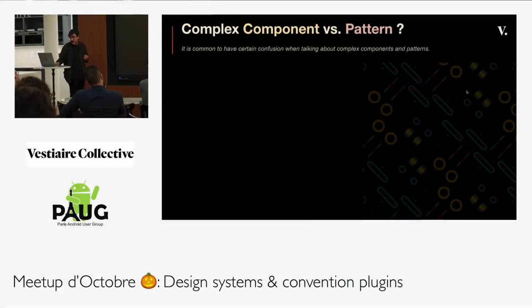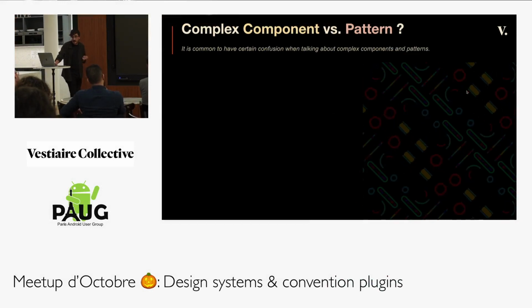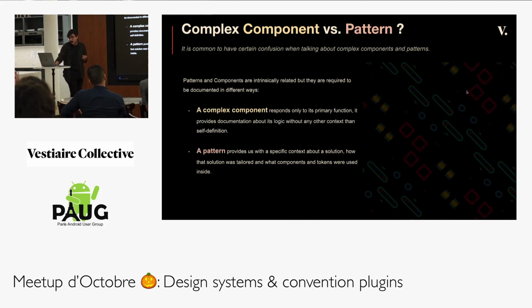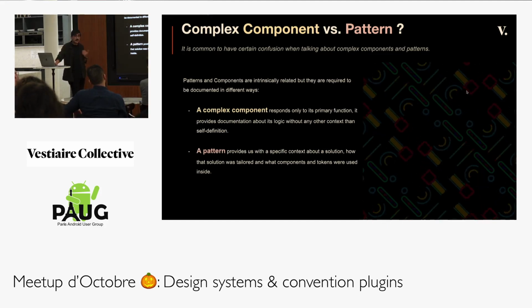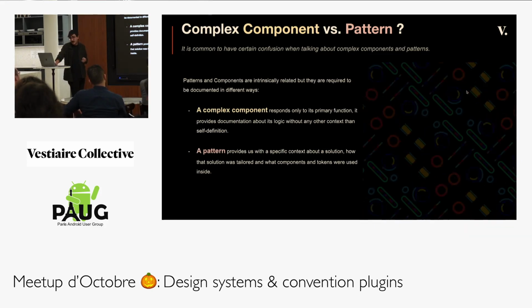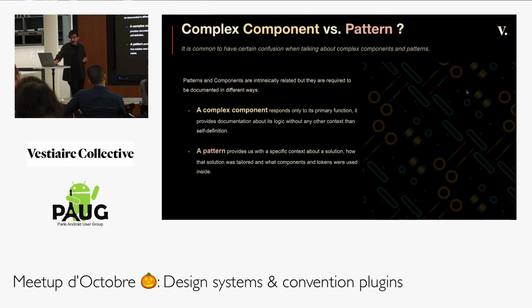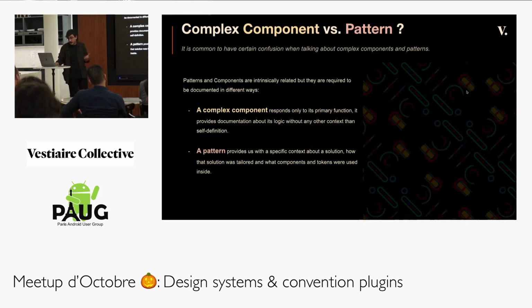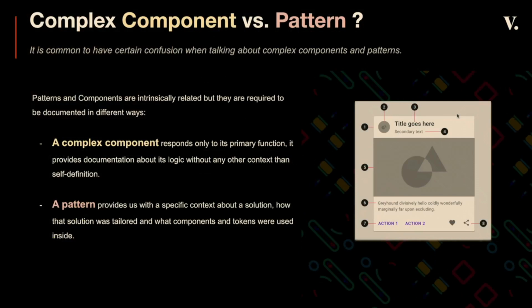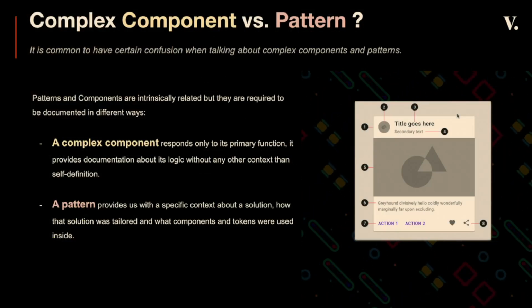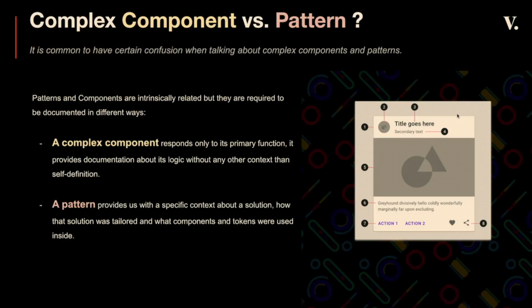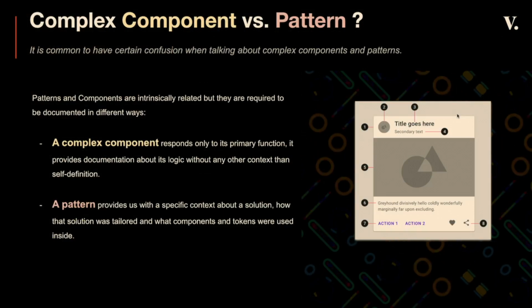Sometimes it's common to have some sort of confusion between a pattern and a complex component. So components are simply UI elements that we use in many layouts. The only context of their documentation is their self-definition, whereas patterns are a bit more than that. They provide a specific context about a solution. As an example of the difference between a complex component and a pattern, take the product tile.